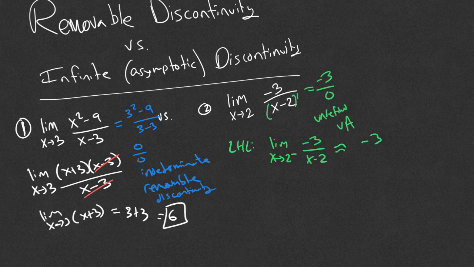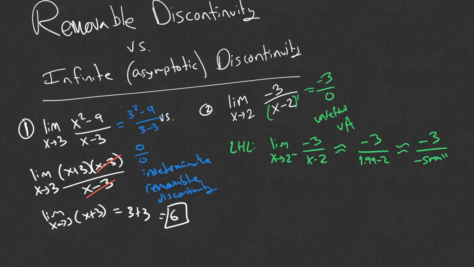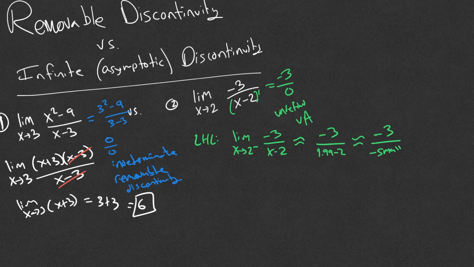The top stays negative 3, and the bottom is going to be approximately 1.99. That becomes a negative number, and it's small. So we have negative 3 over negative small. If we have big divided by small, we know that's big, and negative over negative is positive, so we have positive infinity there.